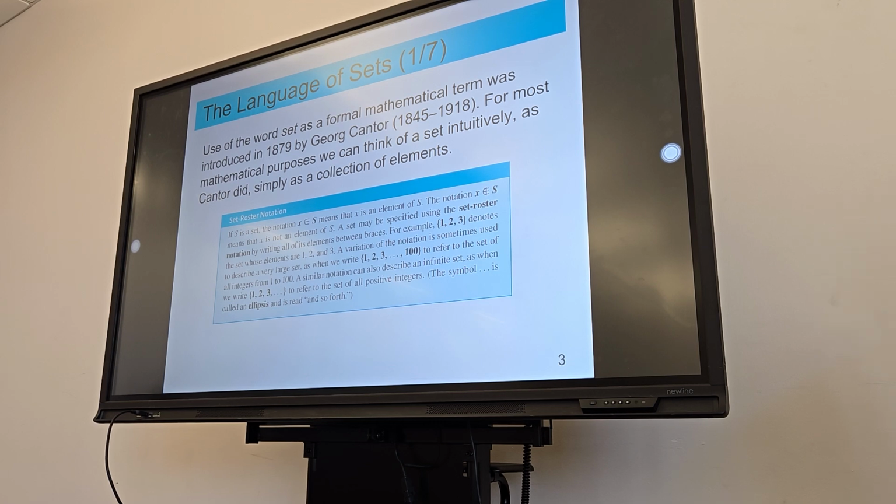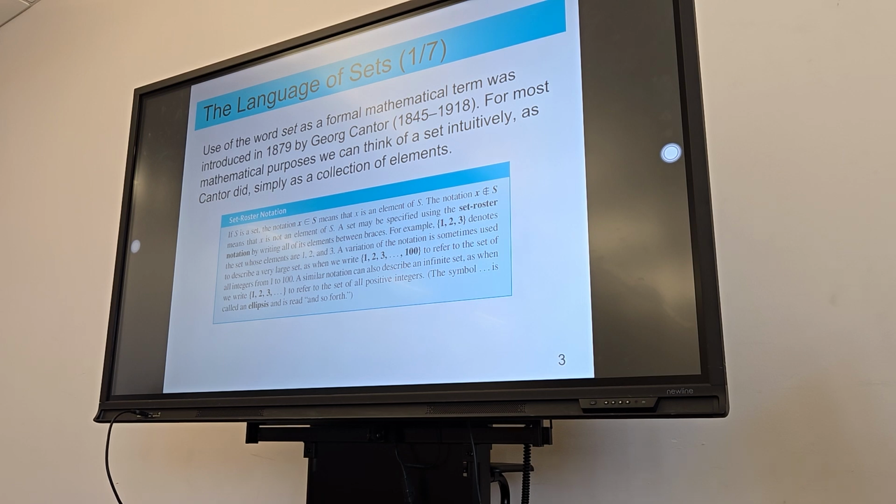Formally, with the set roster notation, if S is a set, the notation x ∈ S means that x is an element of S. With a line through it, the notation means x is not an element of S.